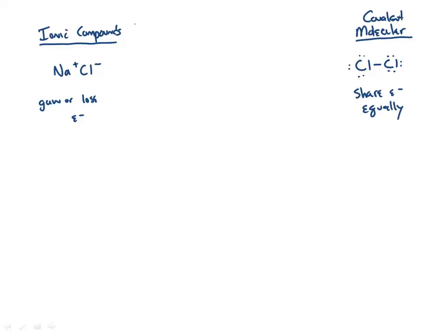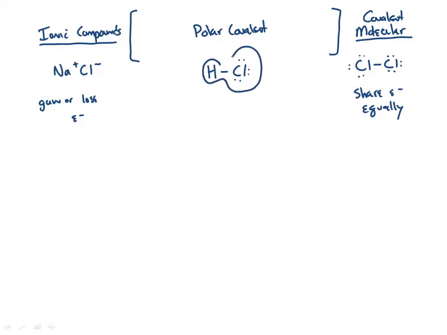And then we have this whole middle ground, which we're going to call polar covalent. That's, for instance, HCl, where there's a little bit of electrons around hydrogen and a lot around chlorine. Or really, maybe we should get used to doing it like this with the delta pluses and the delta minuses.